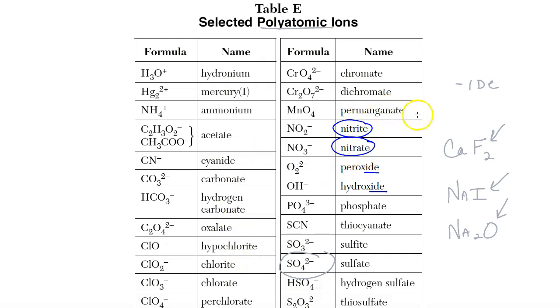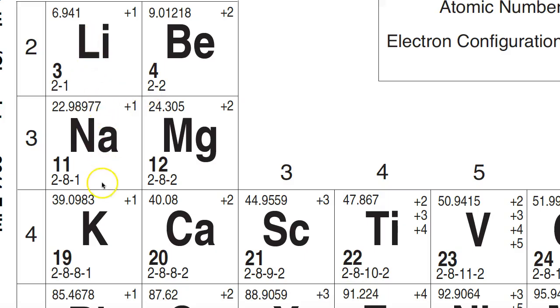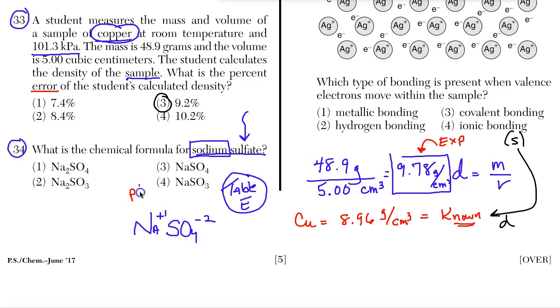Now, let's go to the periodic table, because we're doing sodium sulfate. What charge is a sodium? Sodium is a group 1 ion, an alkali metal, and the charge it likes to become is +1, upper right-hand corner. So the periodic table told me that sodium likes to become +1. Table E told me that sulfate's -2. This is an ionic compound, so it has to be neutral.